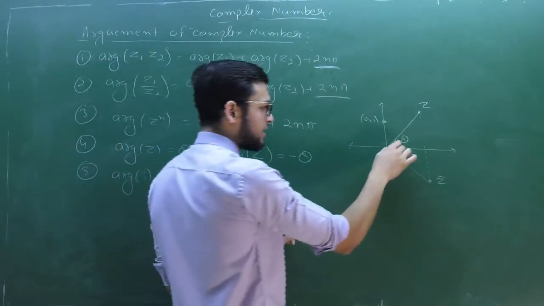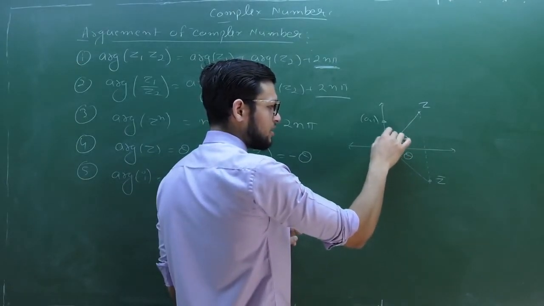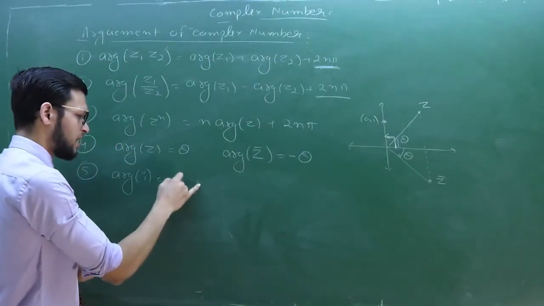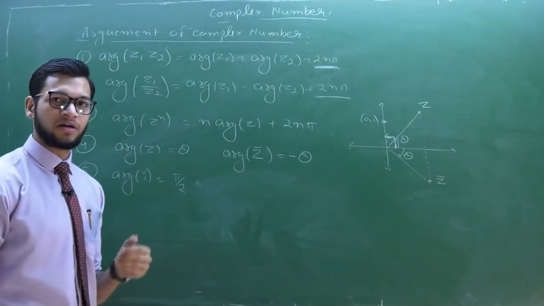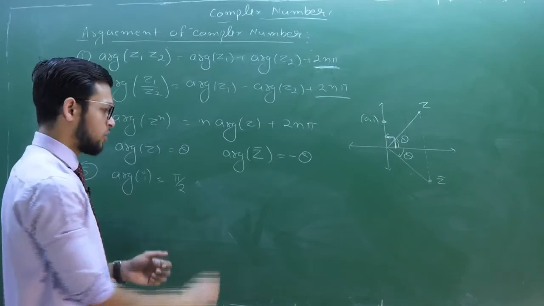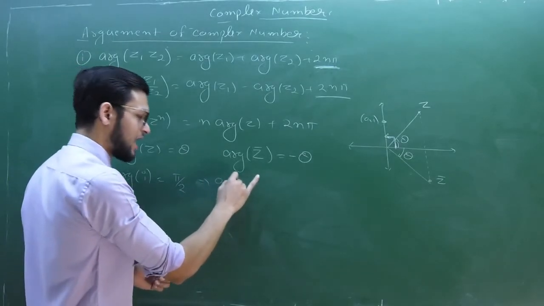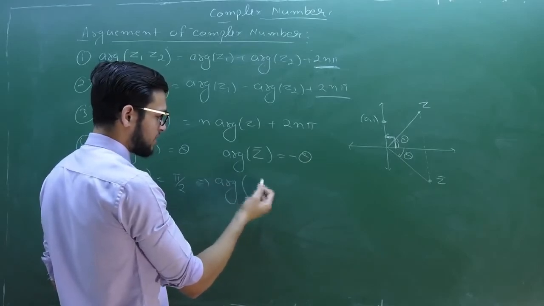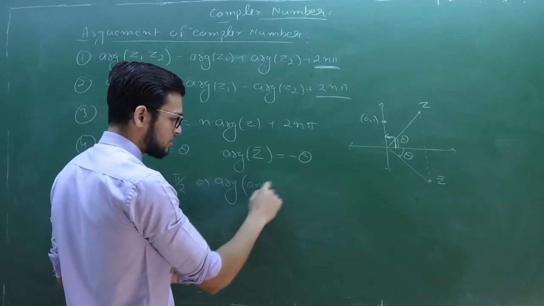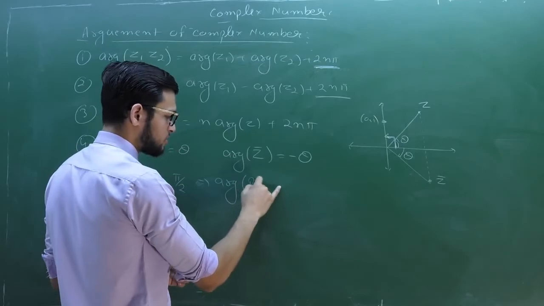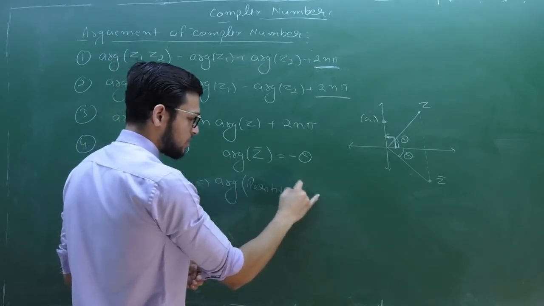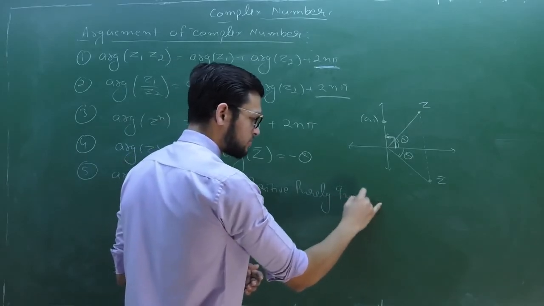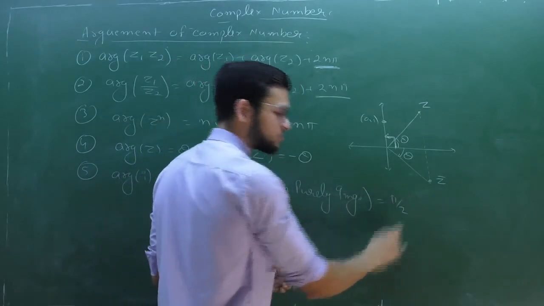Now if you calculate this angle, then that angle will be equal to pi by 2. So the argument of iota is equal to pi by 2, or you can also conclude that the argument of any positive purely imaginary number is equal to pi by 2.